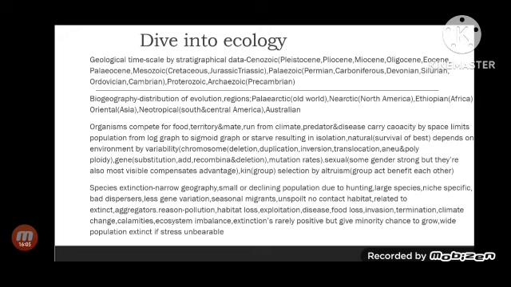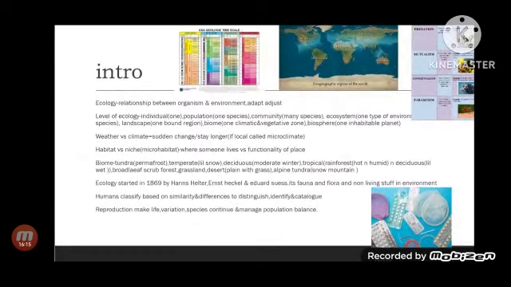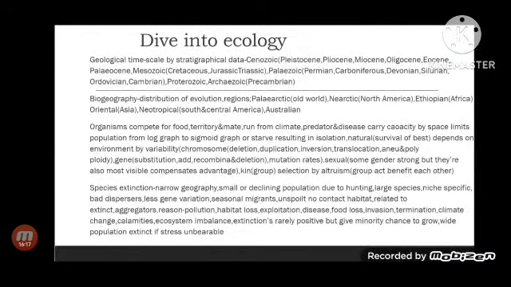So there is predation, like a carnivore will eat the herbivore. And also there is competition too. If the species are the same, they will compete for the same food, right?